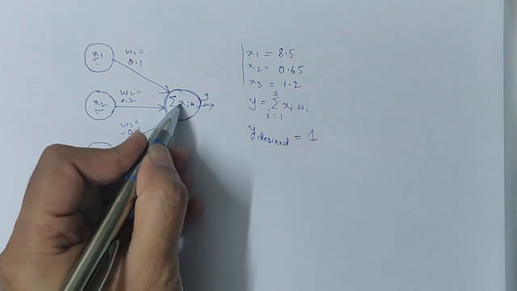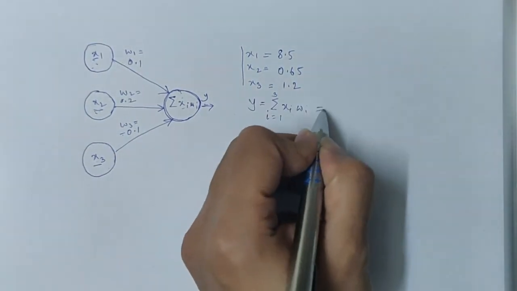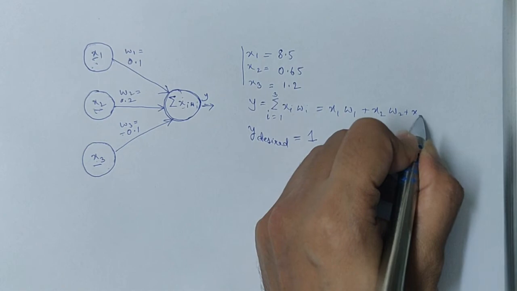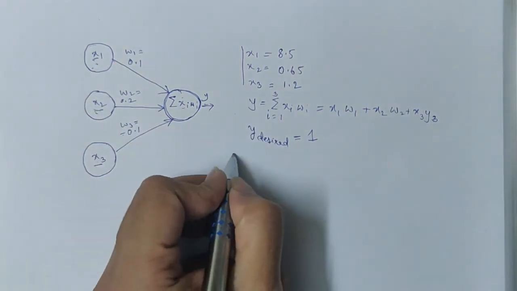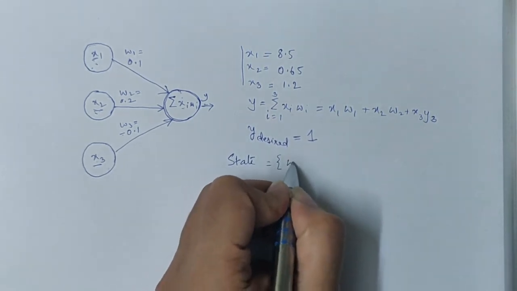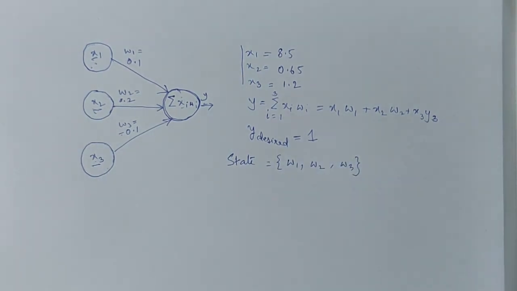Since x1, x2, x3 are given, the only thing that we can change are the w's. So here the state for this problem corresponds as three values that will determine my one state, w1, w2, w3.